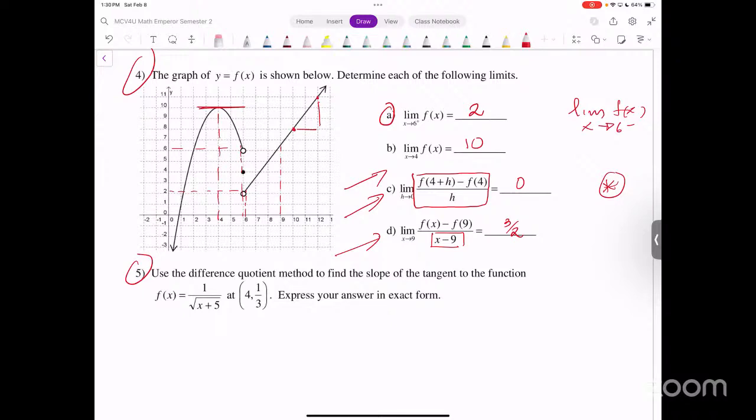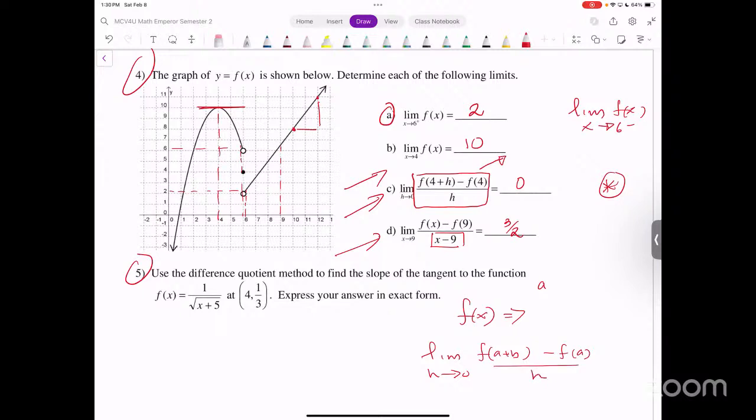Sir, how would you do C again? I don't understand why it's zero. It's the definition of the instantaneous rate of change at point 4. If you have a function f of x and I ask to find the instantaneous rate of change at point A, then we have the definition: limit as h goes to 0 of f at A plus h minus f at A, divided by h.